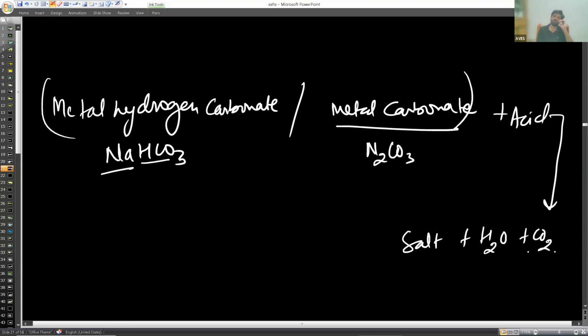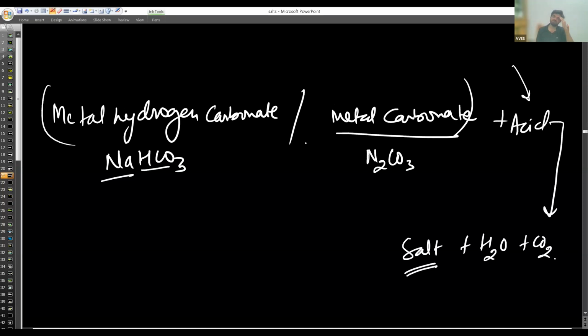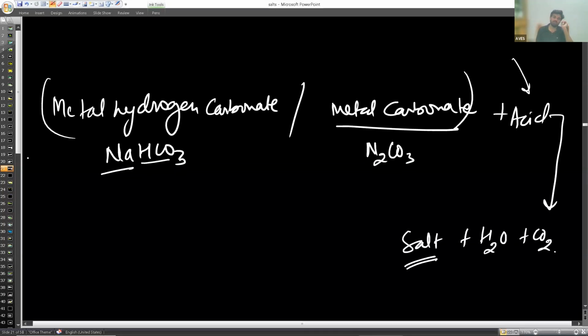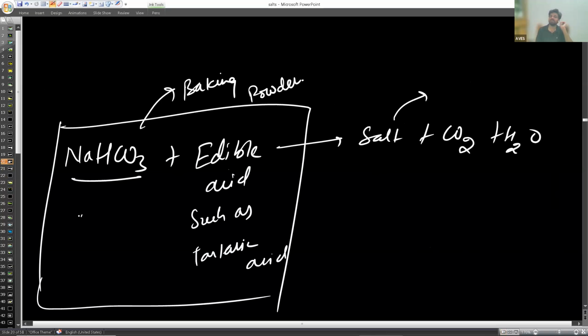Will any salt be bitter? This metal carbonate may be basic in nature or may not be. Depending on which metal carbonate we are using, if it is strongly basic, it will give a neutral salt; if the acid is strong and the carbonate is less basic, it will be an acidic salt. But in the case of baking soda, it is a basic salt, but not a strong one.